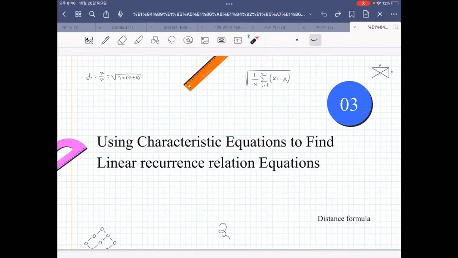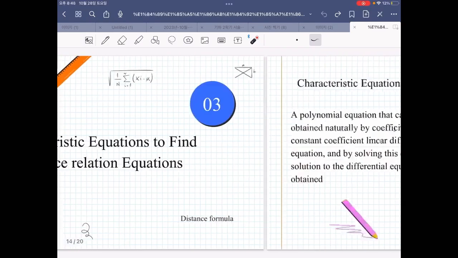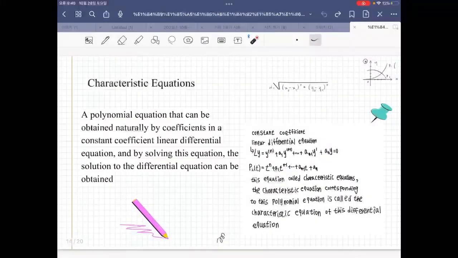And the last topic I'll tell you about is using characteristic equations to find linear recurrence relation equations. Before we get started, I'm going to tell you the definition of the characteristic equation. A characteristic equation is a polynomial equation that can be obtained naturally from a linear differential equation with constant coefficients, and by solving this equation, the solution to the differential equation can be obtained.